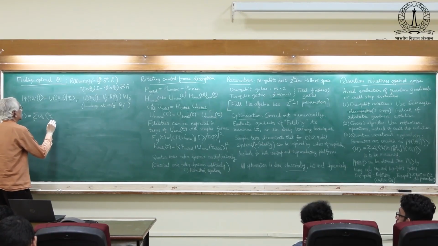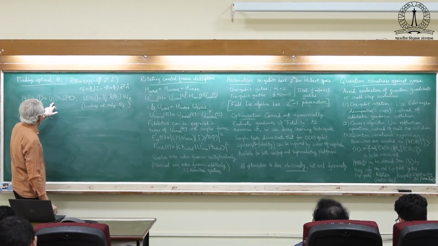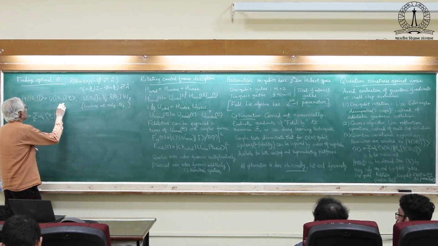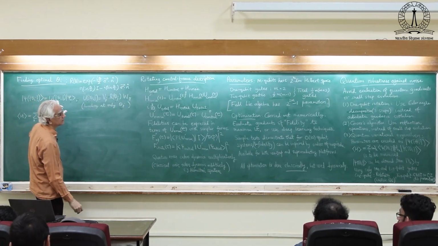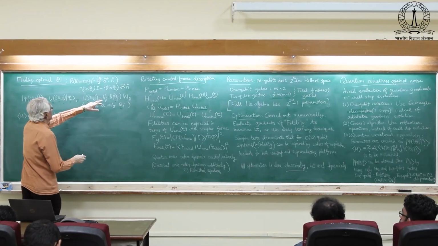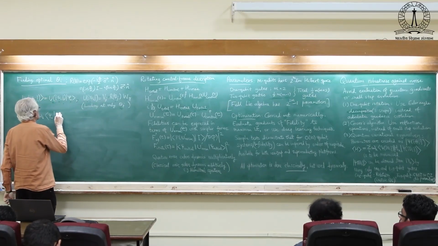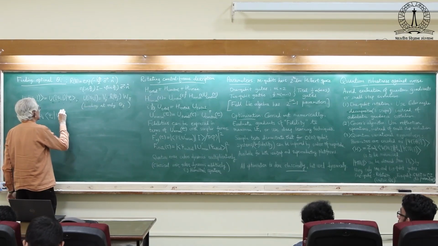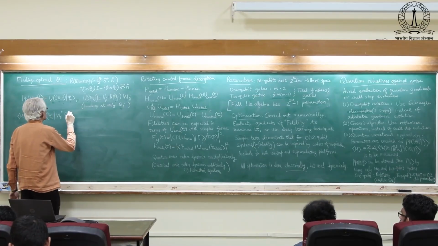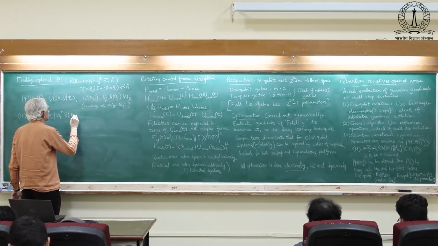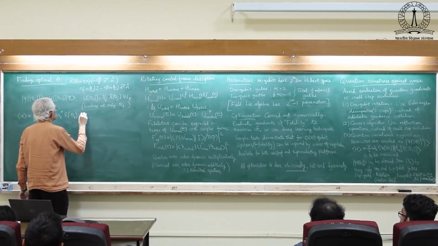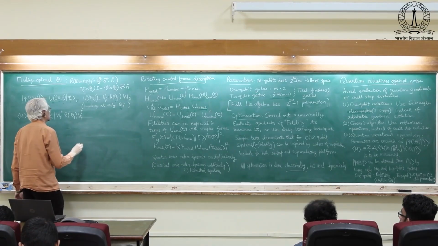Then there is a psi 0, and then there will be the complex conjugate of this, which will be W j dagger, R dagger, which is nothing but minus theta j, and then V j dagger.